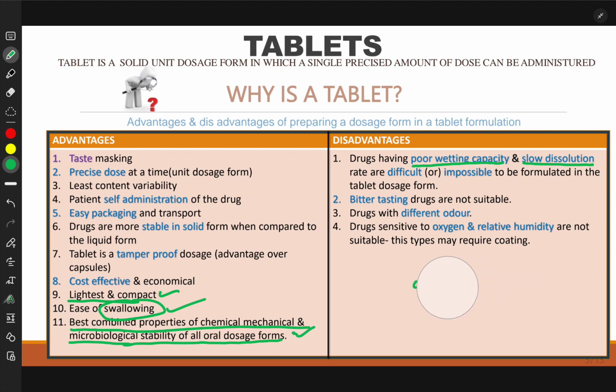So the particles are deformed and adjusted, tightly closed in a particular environment.